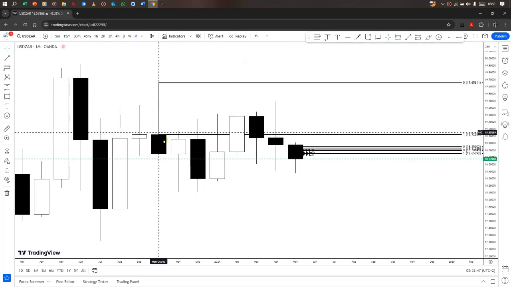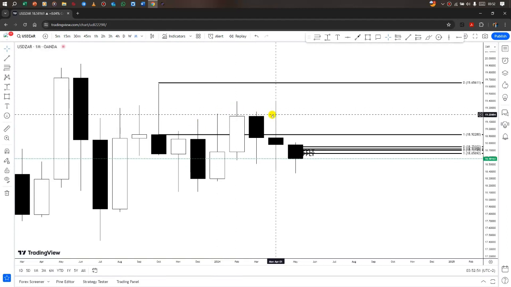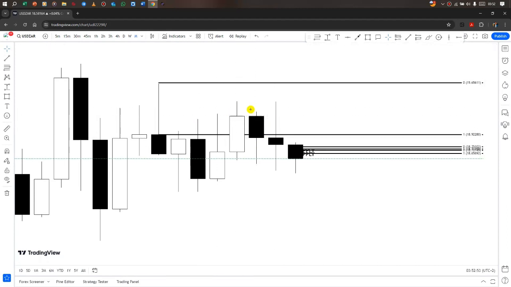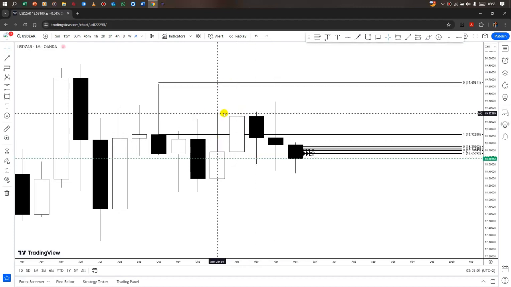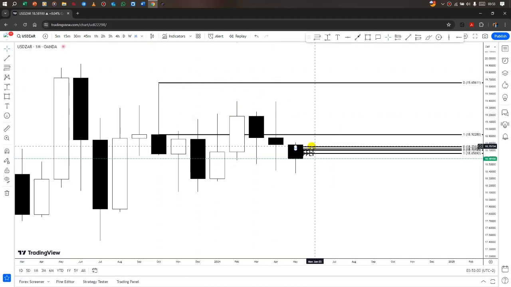The very same supply zone had the first reaction, second reaction, third, fourth, and so on. Price has been dropping the past 2 to 3 months from the very same supply zone. So we can say that USDZAR is currently in a bearish downtrend, which means it is currently falling. On the monthly time frame, we can say that it's bearish.